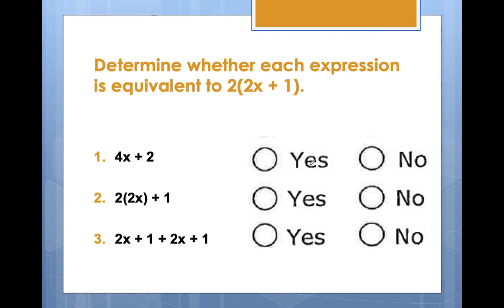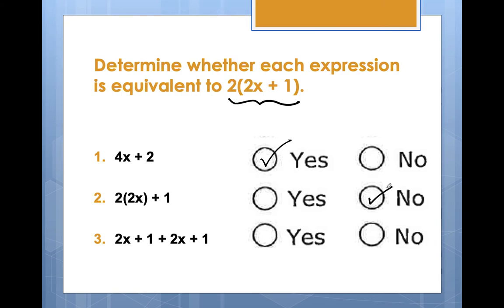So the question says we have 3 different options, and the question says determine whether each expression is equivalent to 2 times the quantity 2x plus 1. So number 1 is 4x plus 2. And yes, that does equal 2 times the quantity 2x plus 1. If you distribute the 2 through, you would get 4x plus 2. The second example says 2 times 2x plus 1.